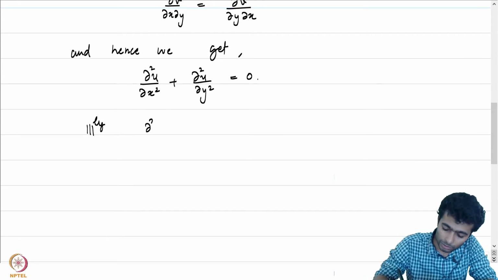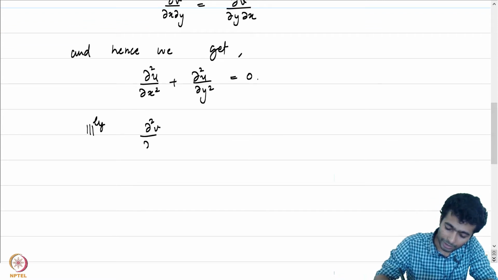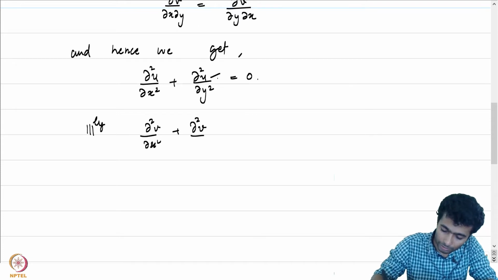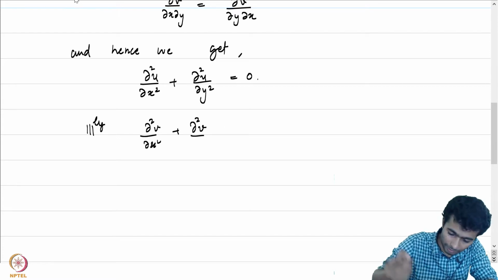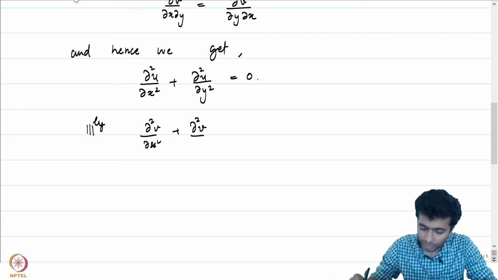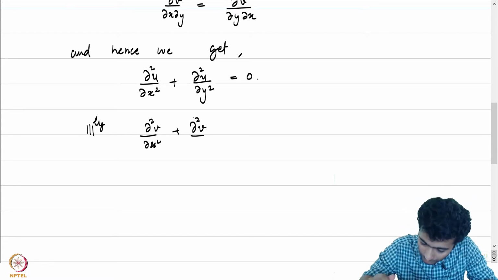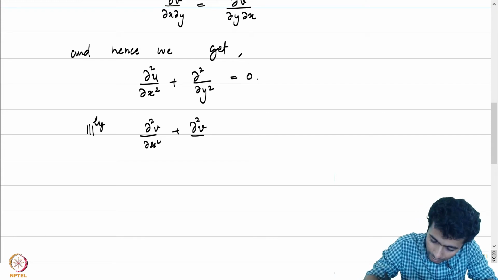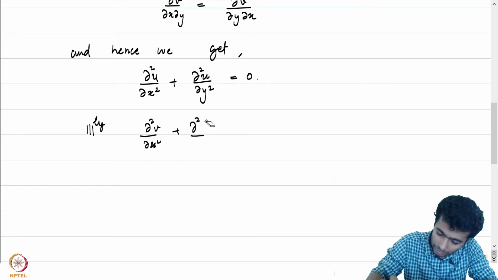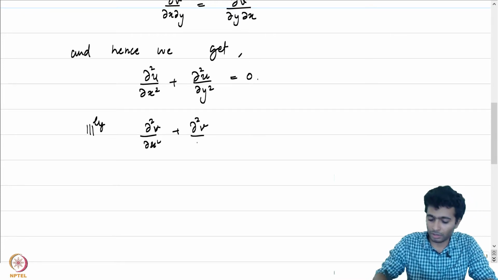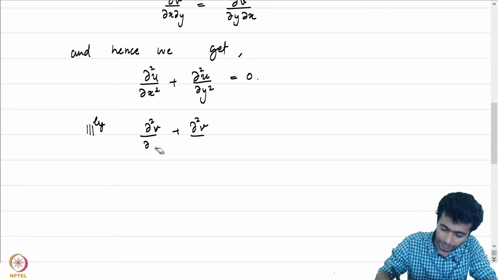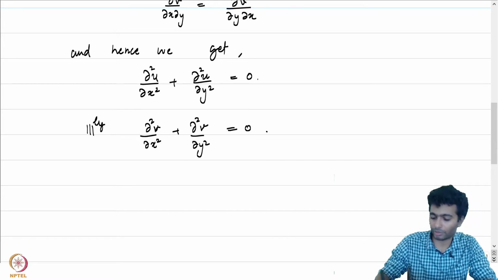Similarly, ∂²v/∂x² plus ∂²v/∂y² is equal to 0. So this is u, this is v. I think I am not confusing you with the symbols.